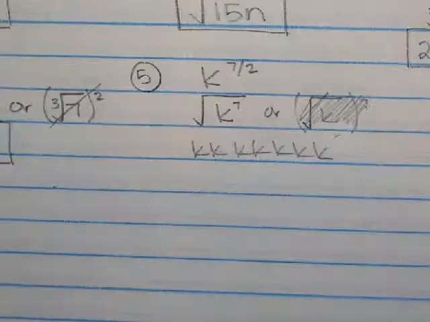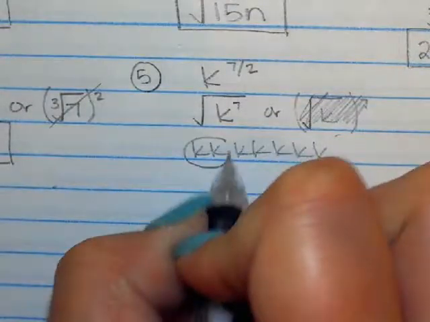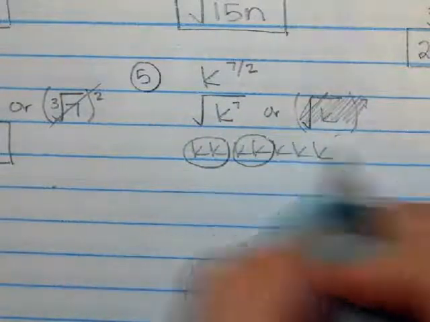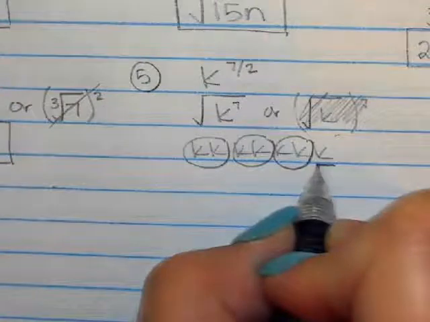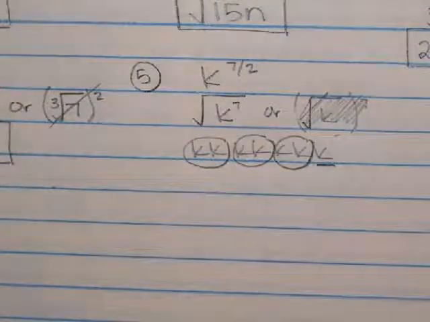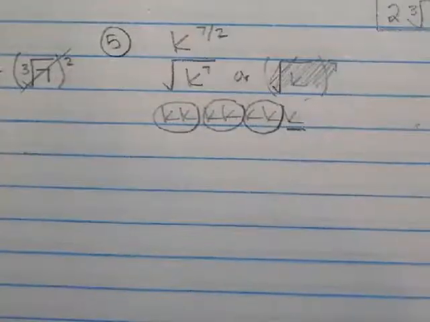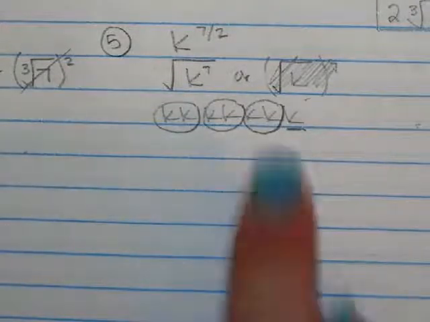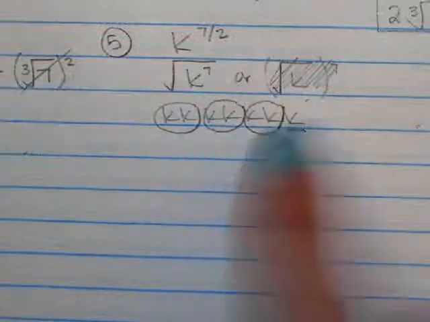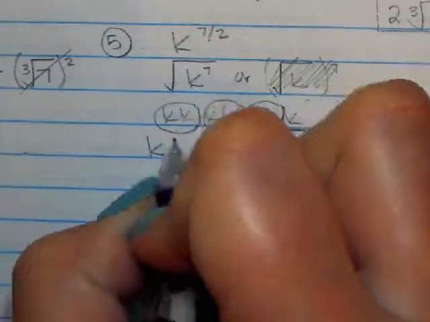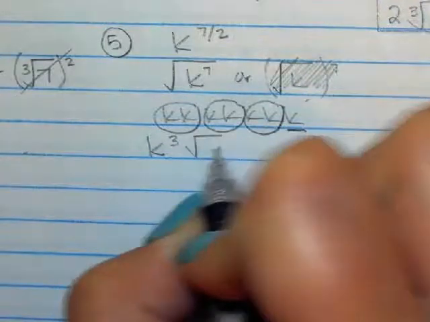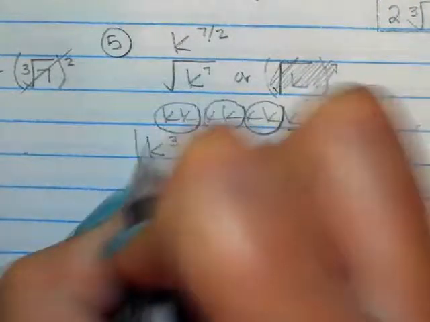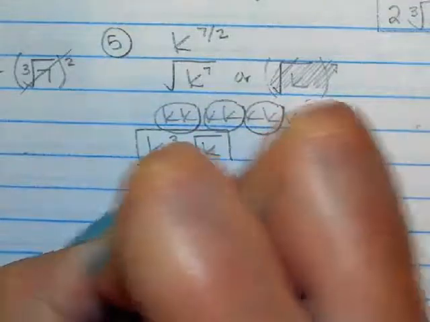Circle pairs: 1, 2, 3, and a leftover. So what is my answer? Yeah, k cubed square root k. Perfect. There we go.